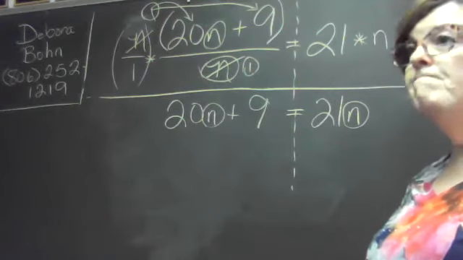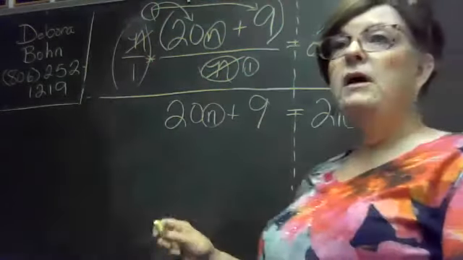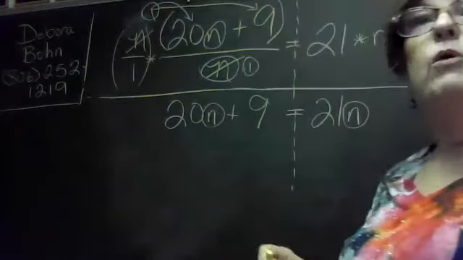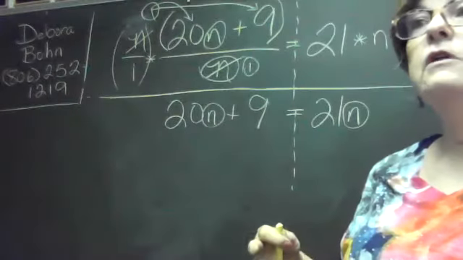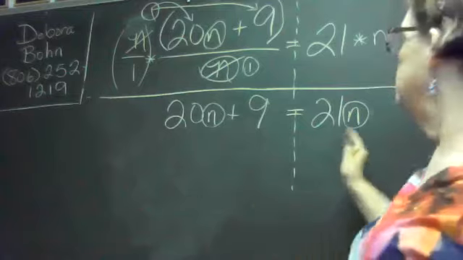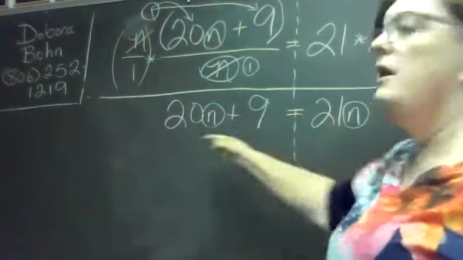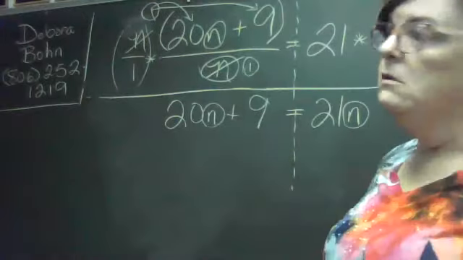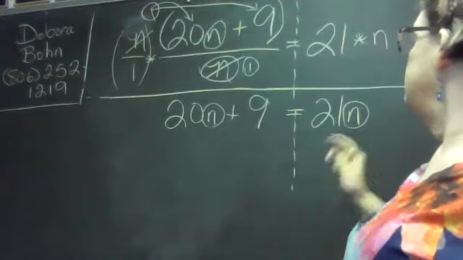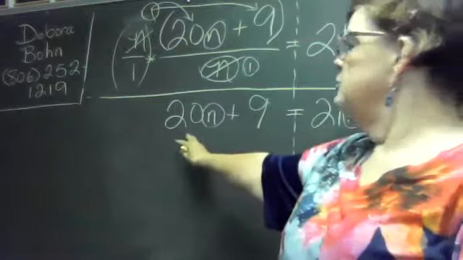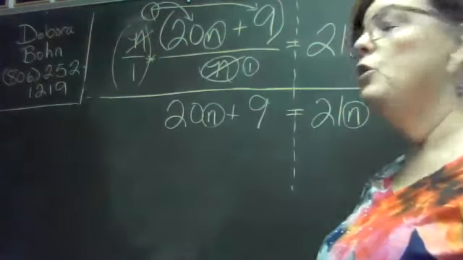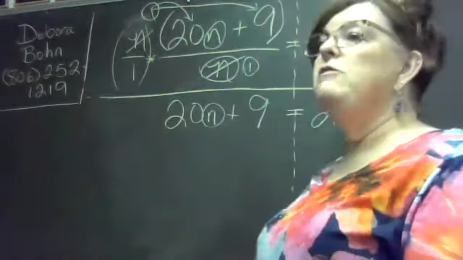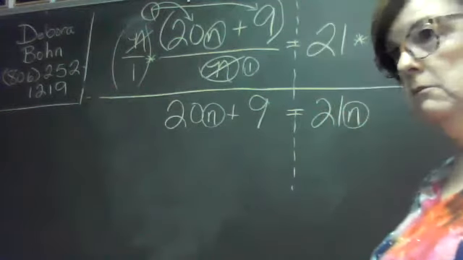The 20n? Yes. We're getting rid of the n's right now because they're on too many places. They're in this yard and this yard, and I want them all to be in the same place, okay? So that means I have to either subtract this one or subtract this one. Either one will work, but this one will leave you with fewer steps.